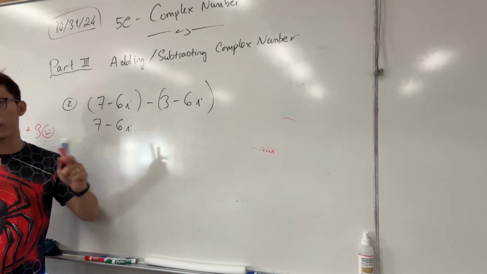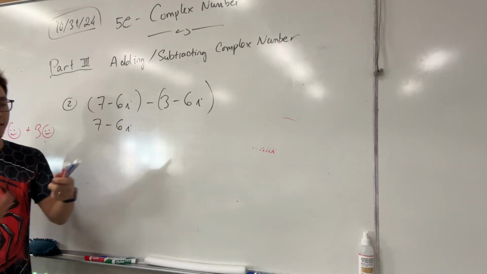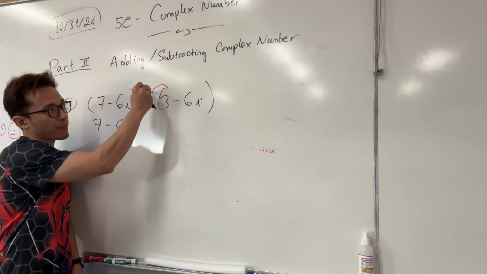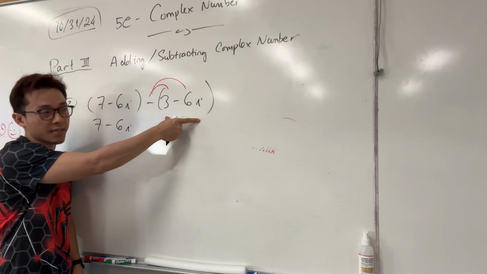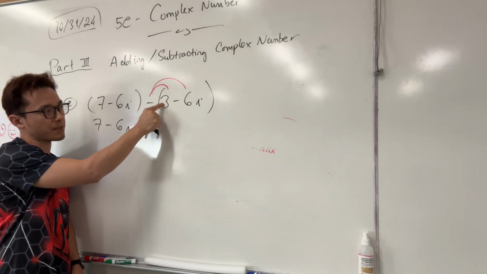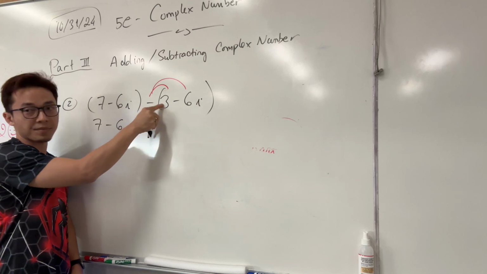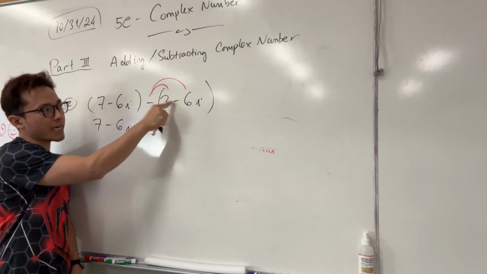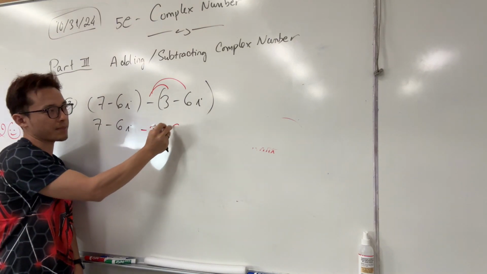A few of you mess up the sign. When you have the negative in front, you need to distribute the negative, right? In order to get rid of the parentheses. So negative, you distribute to here, negative and positive 3 becomes negative 3. Now negative and negative is positive 6i.